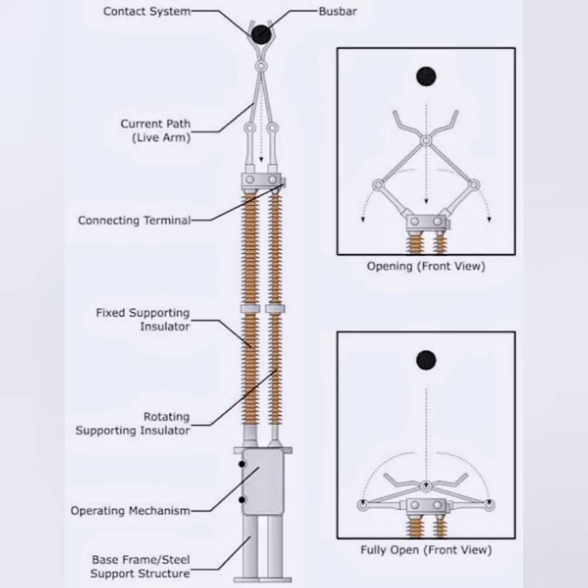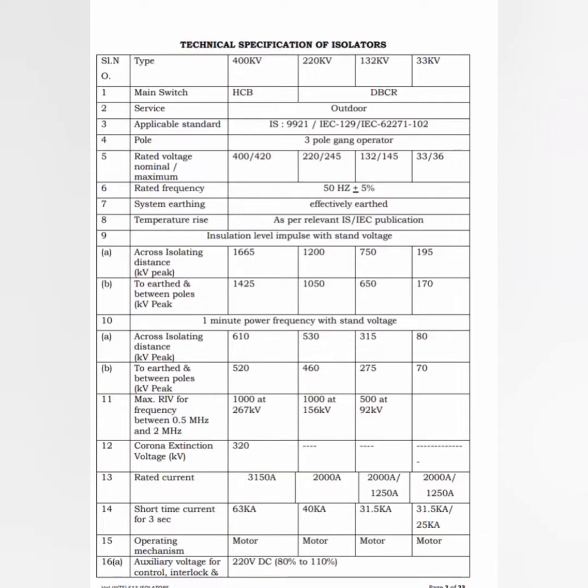Next we will see about the specifications used in the isolator. Normally these are the standards which we are following for these isolators. You can just go through it. Here we have given, as per the rated voltage level, 33 kV, 132 kV, 220 kV and 400 kV.